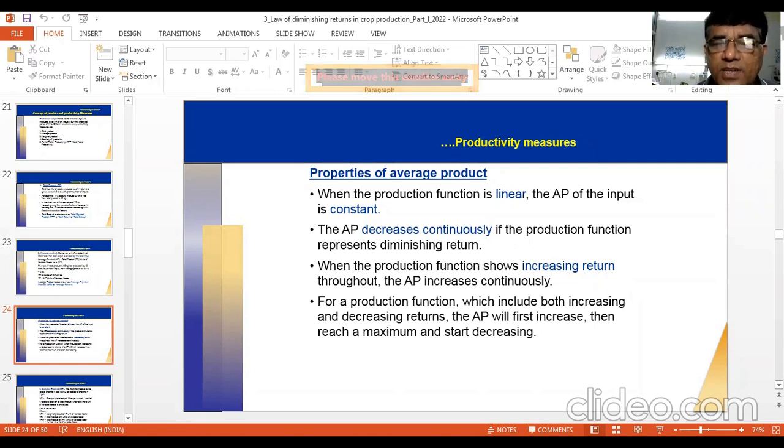When the production function shows increasing return throughout, the AP increases continuously. For a production function which includes both increasing and decreasing returns, the AP will first increase, reach a maximum, and then start decreasing. So you can find a variety of relationships between input and output, and under different relationships, average product behaves differently.